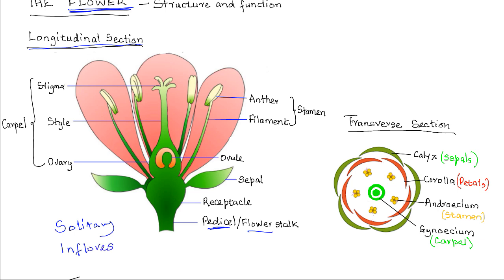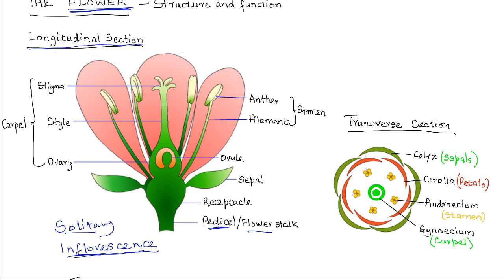So an inflorescence refers to a cluster of several flowers that share a common stalk. So a flower may either be solitary, or the flowers may occur in clusters that are known as an inflorescence.